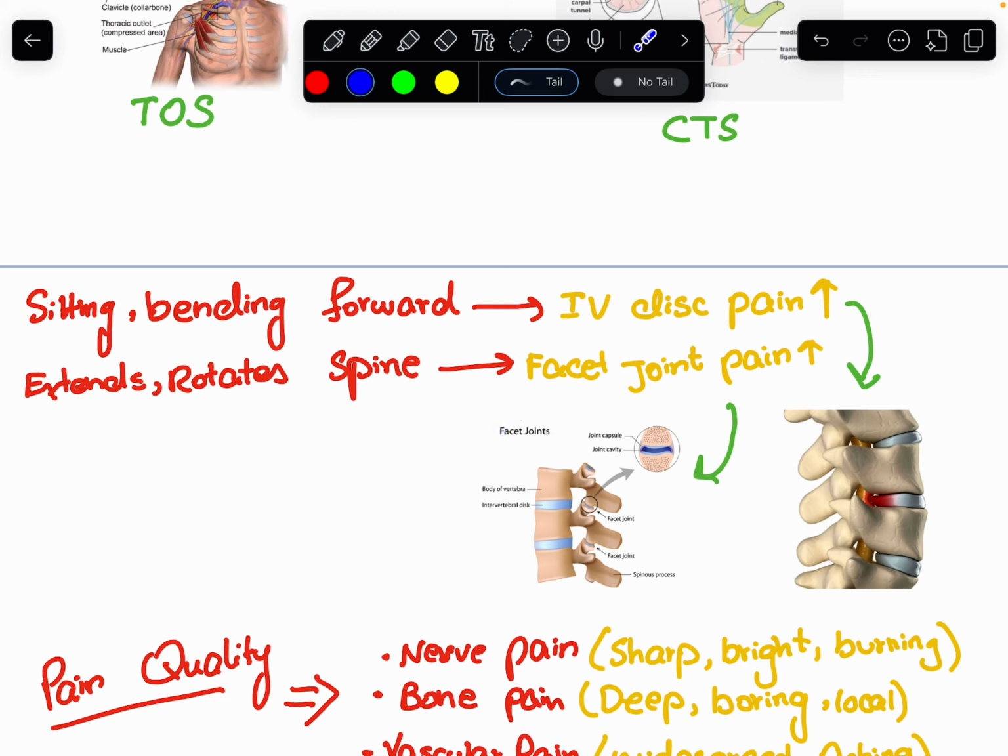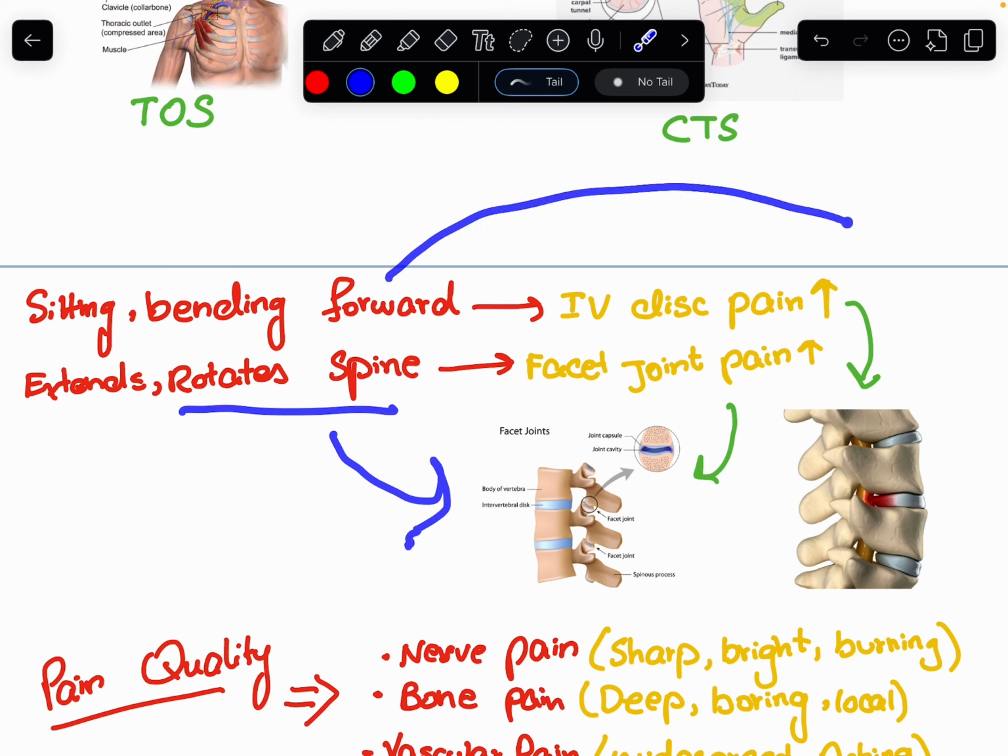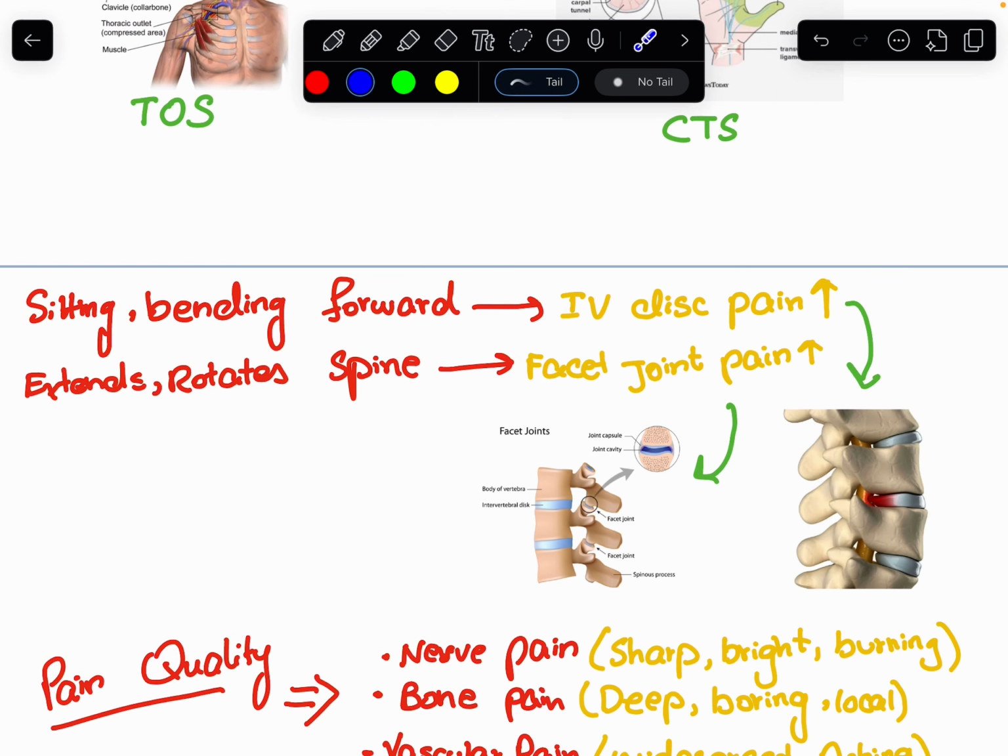Facet joints are these joints in the vertebrae, okay? And why is this pain there? Because there is some kind of degeneration or articular cartilage tear and wear present that is causing this kind of pain. So you have to assume maybe the rotation of the spine causes the facet joint involvement, while the bending forward of the spine causes the IV disc involvement, okay?